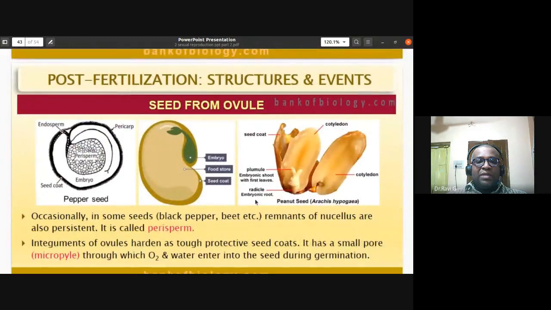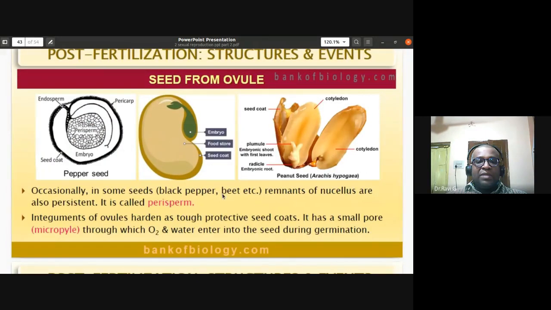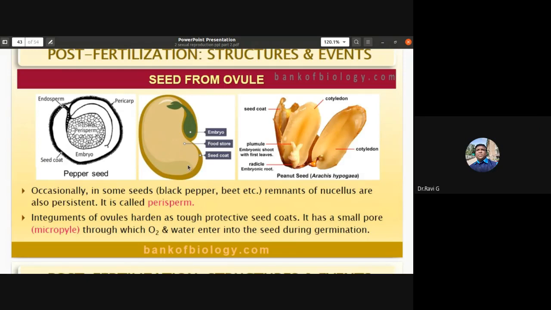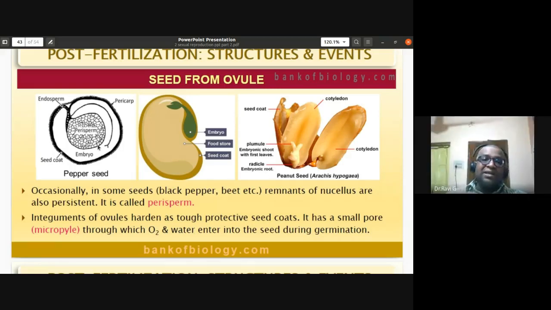Occasionally, in some seeds like black pepper and beet, the remnants of nucellus are also persistent. Usually the nucellus degenerates after the formation of the seed, but in some seeds the remnants persist.